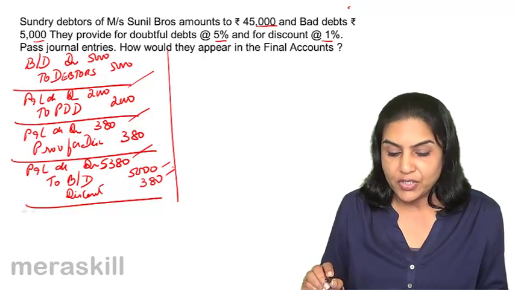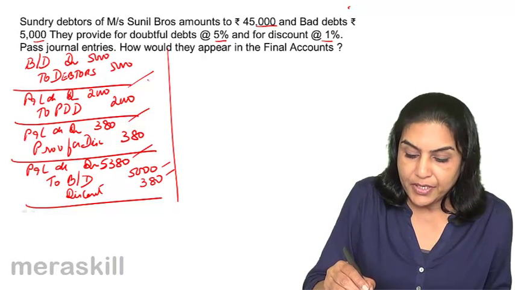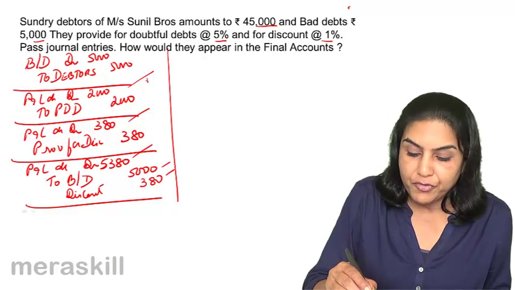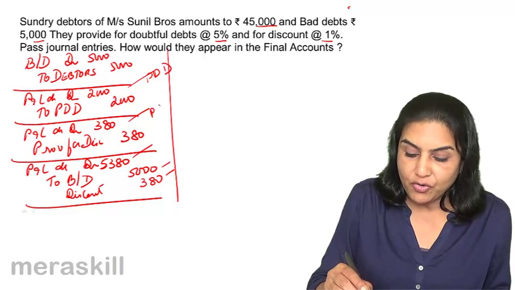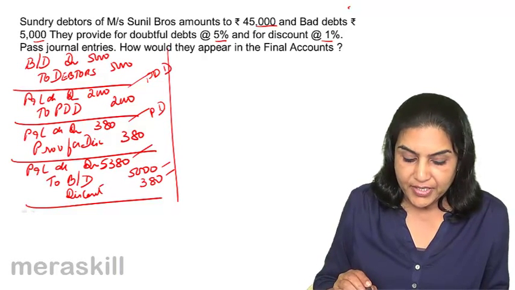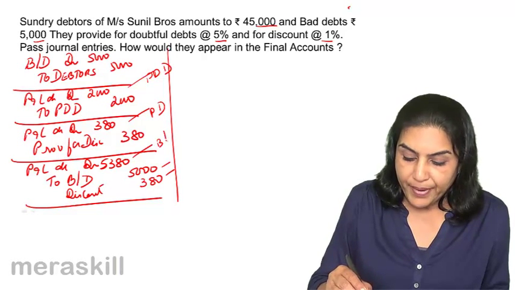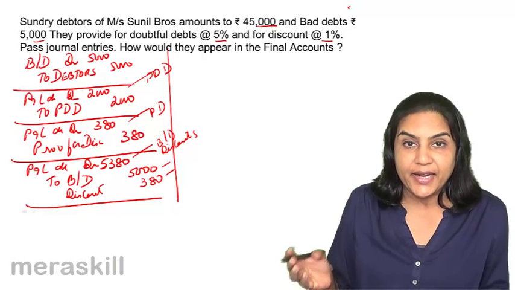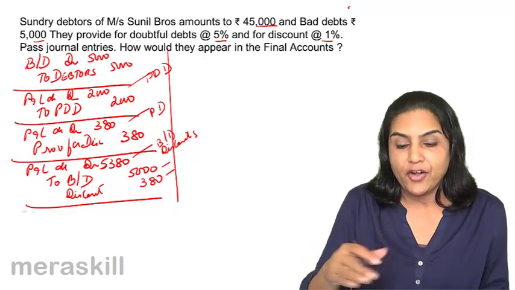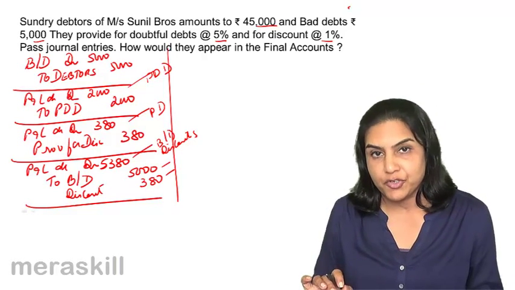So profit and loss account, 2,000 debit on account of provision for doubtful debts, 380 on account of provision for discount on debtors, and this on account of bad debts and on account of discounts, which has been taken directly to profit and loss account and not adjusted against the provisions.